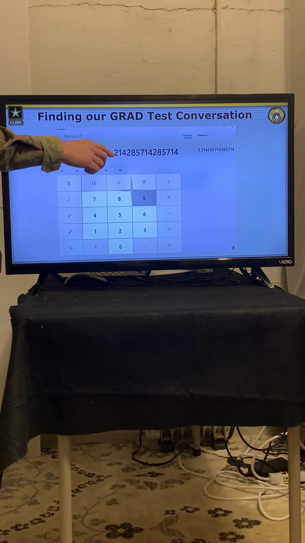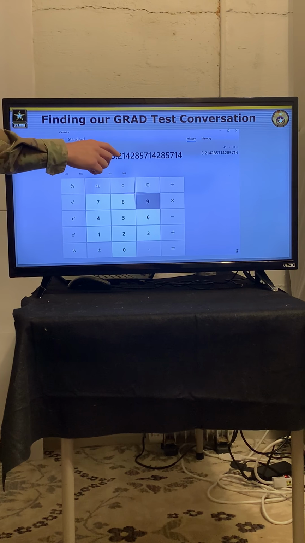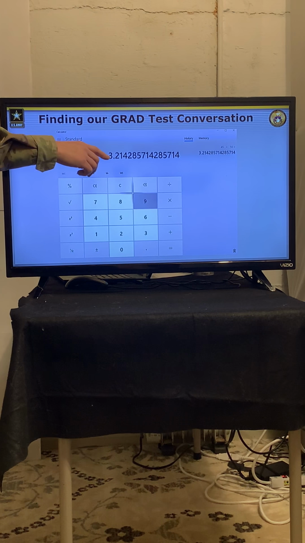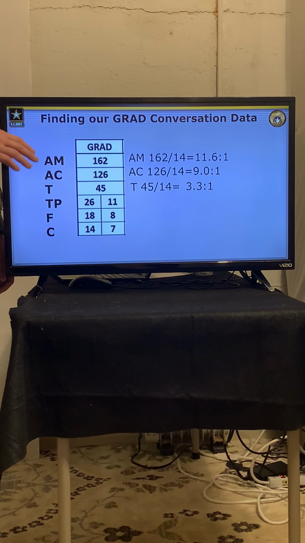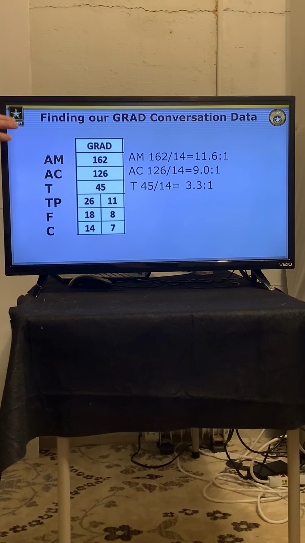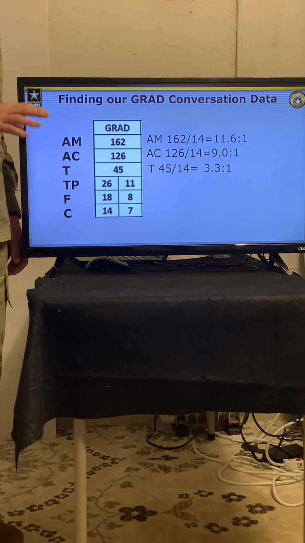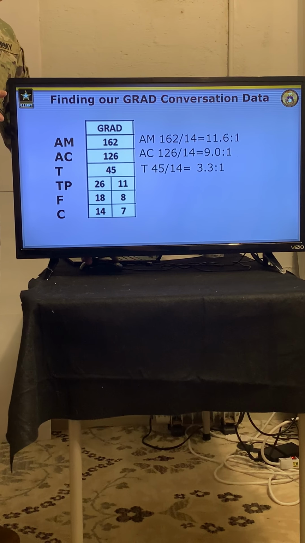With there being a number in that hundredths place, we know that this tenths place is going to have to round up, making your answer 3.3 to the ratio of 1. In other words, it takes 3.3 grad testers to yield one grad enlistment.